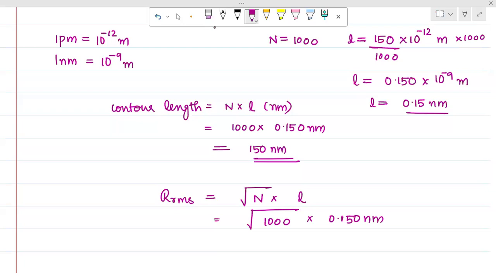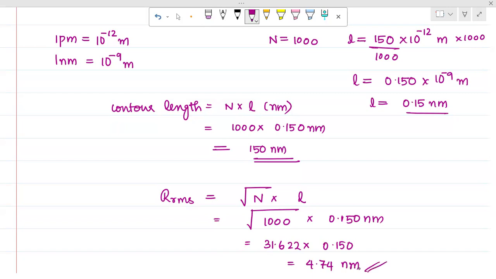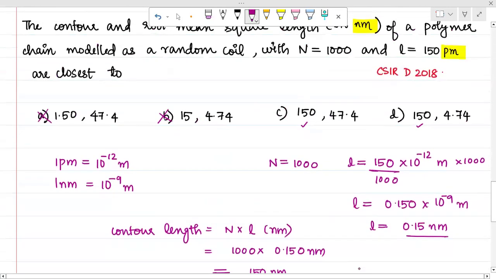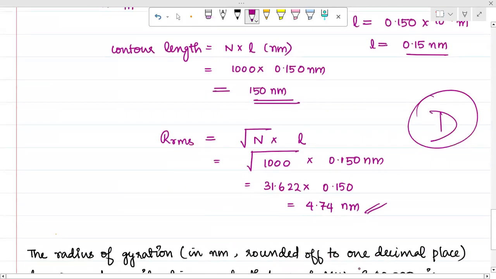Root of 1000 is 31.622 into 0.150 nanometers. So I'm getting 4.74 nanometers as my root mean square length. So it's not option C, it's option D. Correct answer is option D.